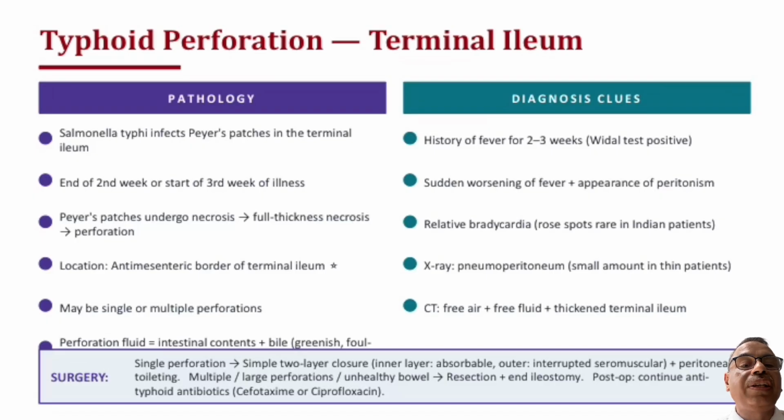Post-op, continue anti-typhoid antibiotics like cefotaxime or ciprofloxacin for 7 to 10 days. Later on, once the patient recovers completely, at 3 to 6 months, restoration of bowel continuity can be done.